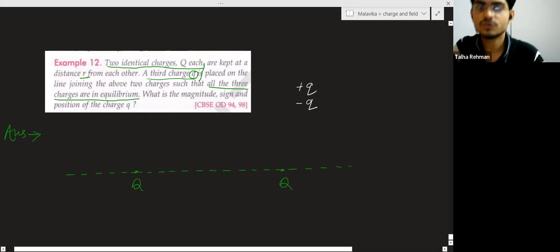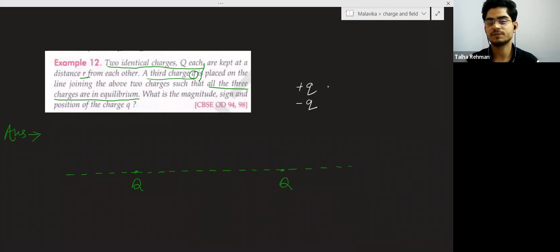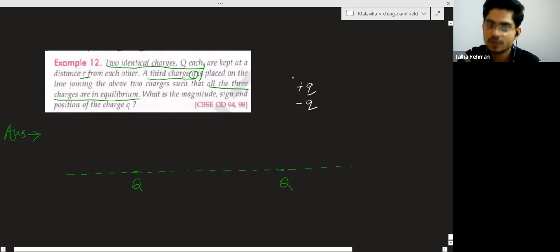Okay, so you have to choose one charge at a time, like we have done in permutation and combination, where we choose one thing at a time. So we will choose one charge at a time.